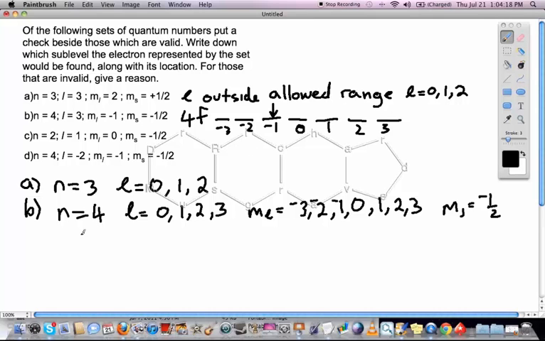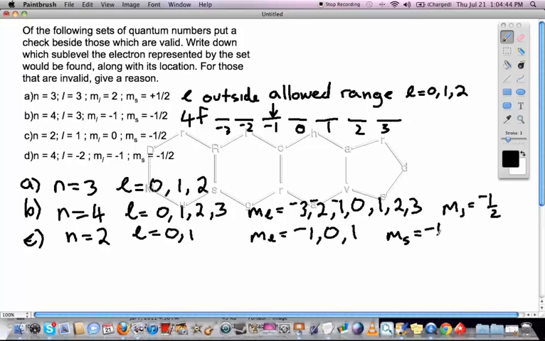Now for part C, we've got n equals 2. That means L can be 0 or 1, and we've got that, that's okay. So M sub L is going to be negative L to plus L, so it can be negative 1, 0, or 1, and M sub S equals negative a half.